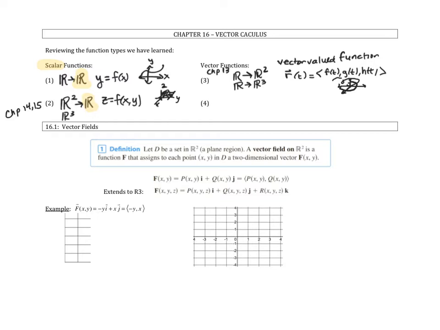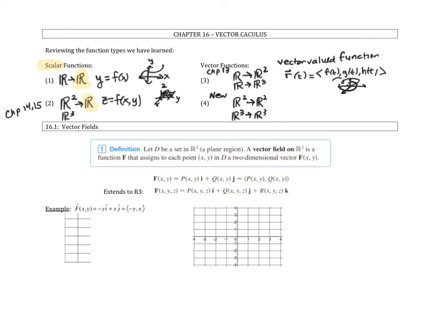So the new kind of function that we're going to consider is the combination of this that we haven't done yet, and that is we're going to go from multidimensional to multidimensional. Either we're going to look at R2 to R2 or R3 to R3.